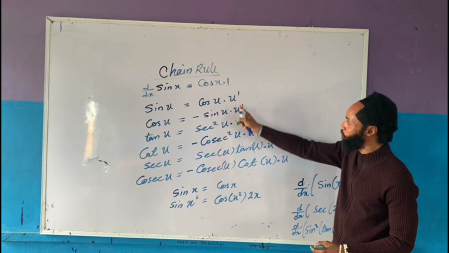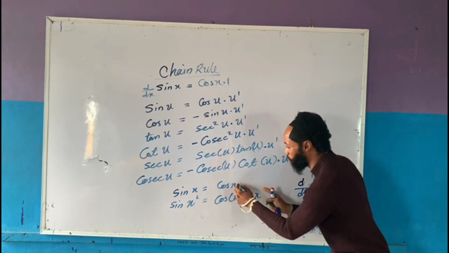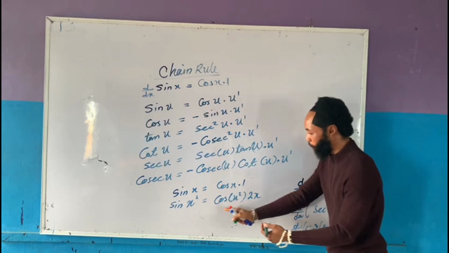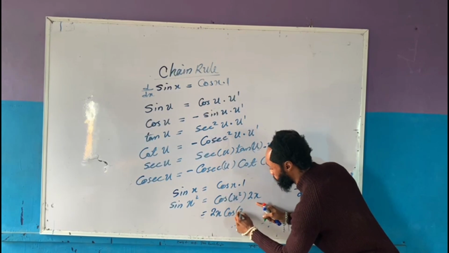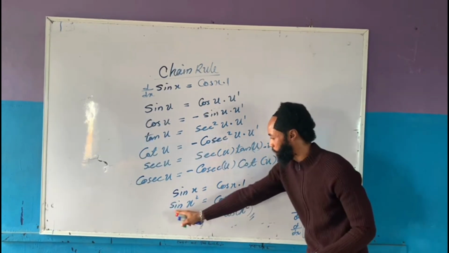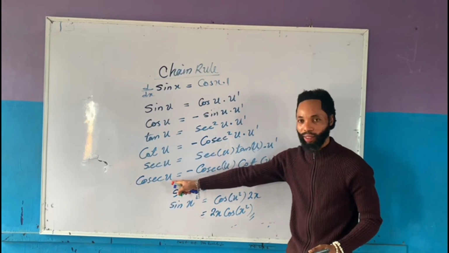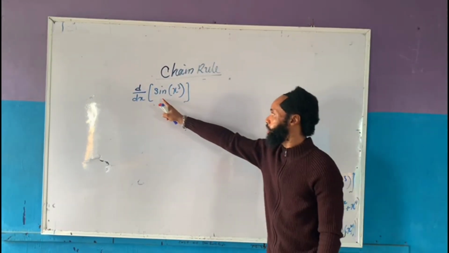You see that I need this u prime, 2x. Because earlier, if I differentiate x, I get 1, and 1 times cos x is still cos x. But in this case, my final answer is 2x cos x squared. So it's important: this u is a function of x.